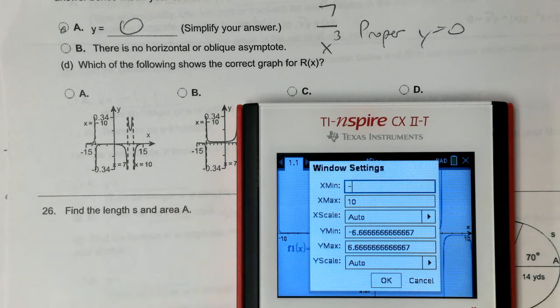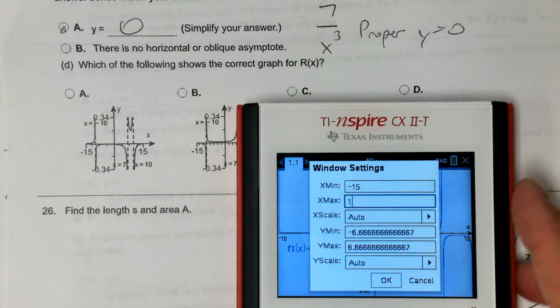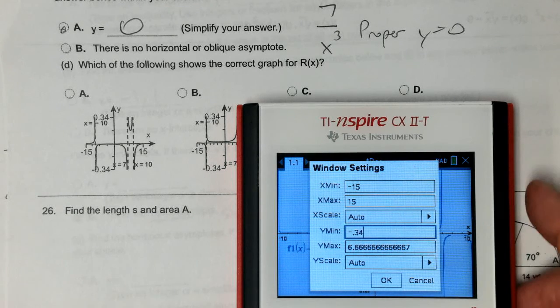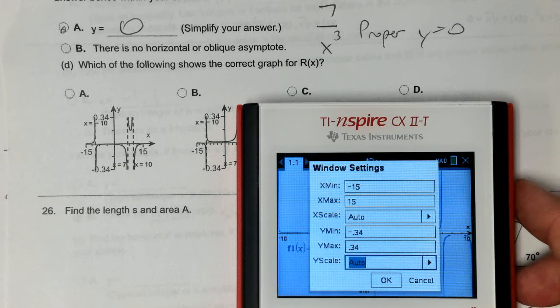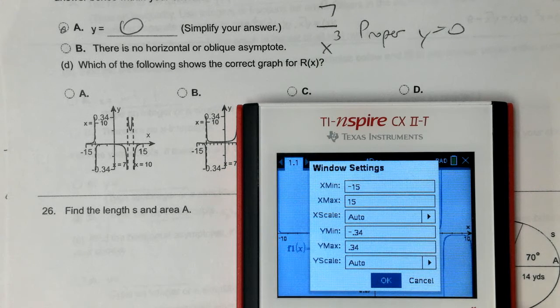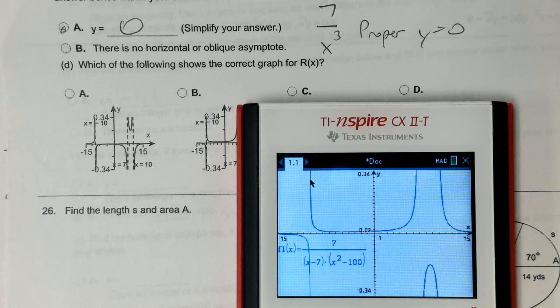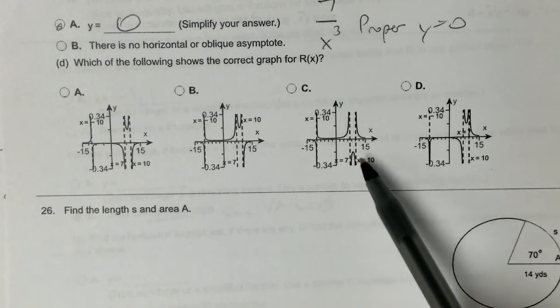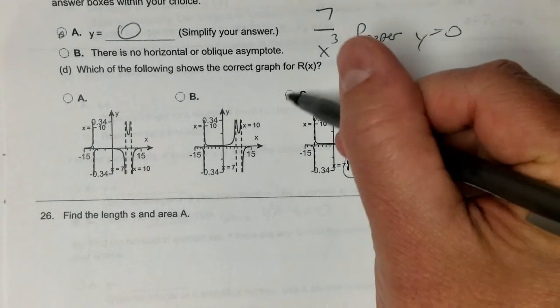These should be negative 15 to 15 for all of these, for the x's. And then the y's should be from negative 0.34 to 0.34. Now that shows you a little unusual thing here, kind of like a parabola. And the only one that matches that is this one.